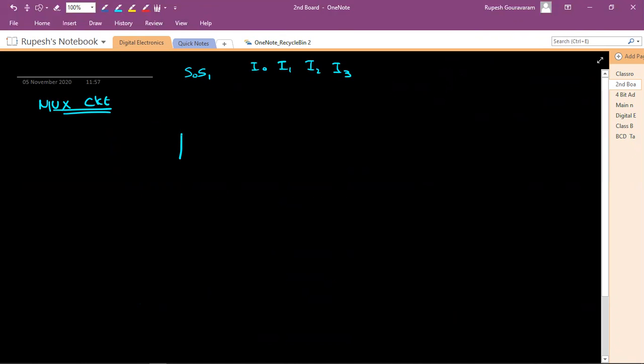There is an AND gate. So this is known as an AND gate with two inputs and one output. Let me replicate this AND gate.